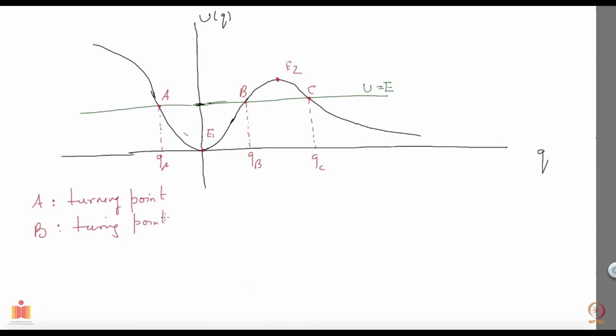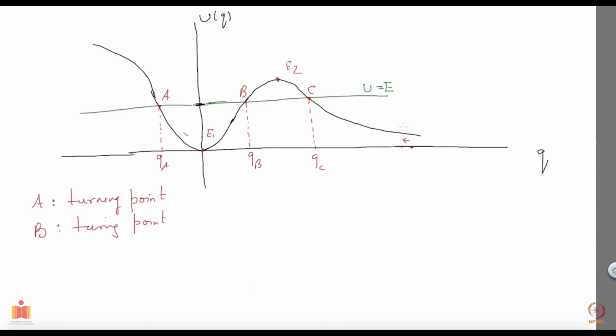But let's say you don't start your system here, you start your system to the right of C, somewhere here or here, and let's say your system is moving in this direction.